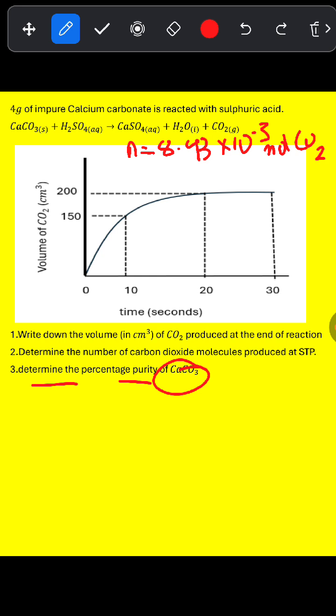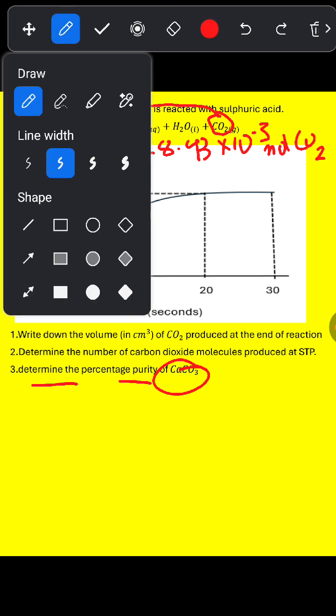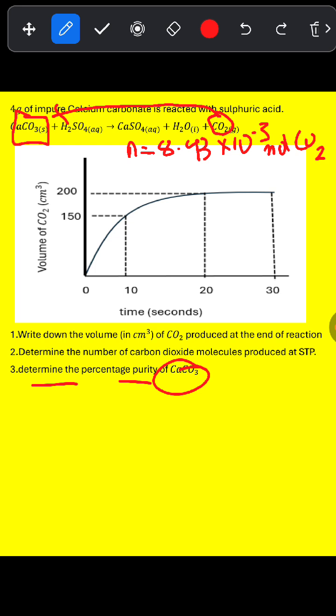So now, to get the percentage purity of calcium carbonate, we come here to calcium carbonate. Right. We have information about carbon dioxide, and now we want information about calcium carbonate. Now remember, you cannot use this mass here to get the number of moles.